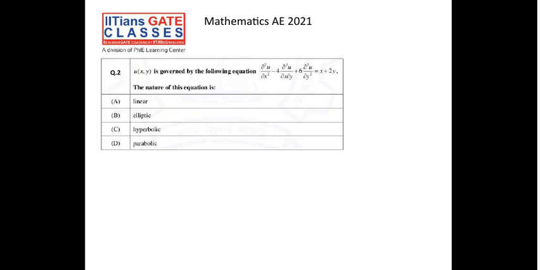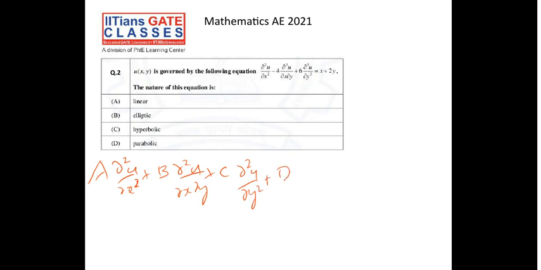The nature of this equation is, so the standard form is a dou square u by dou x square plus b dou square u by dou x dou y plus c dou square u by dou y square plus d dou u by dou x plus e dou u by dou y plus f is equal to 0.